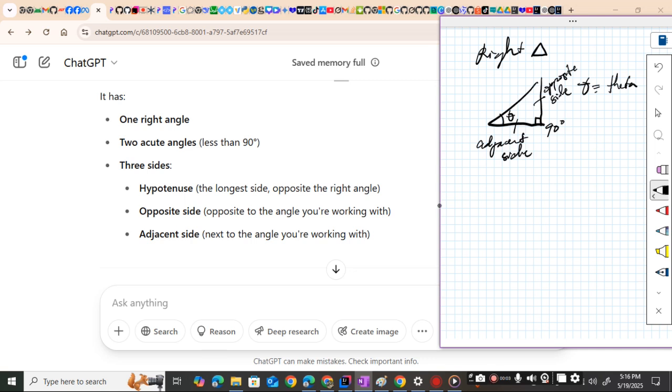If this adjacent side we denote as A and this opposite side we denote as B, then by the Pythagorean theorem, this longest side we denote, for example, as C. Then C is related by the Pythagorean theorem, A squared plus B squared, simply because it's a right triangle relation.